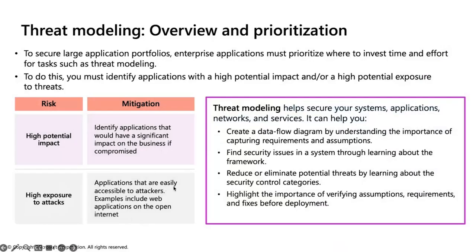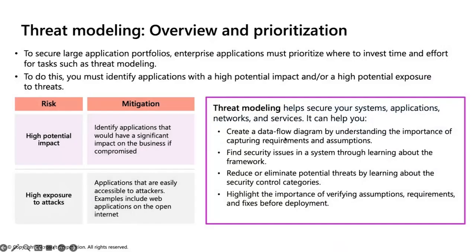You can also detect applications that are easily accessible to attackers. Examples include web applications on the open internet. Using threat modeling, we can detect these things in advance, and we can code or redesign our applications for this. Threat modeling helps you secure your systems, applications, network, and services.